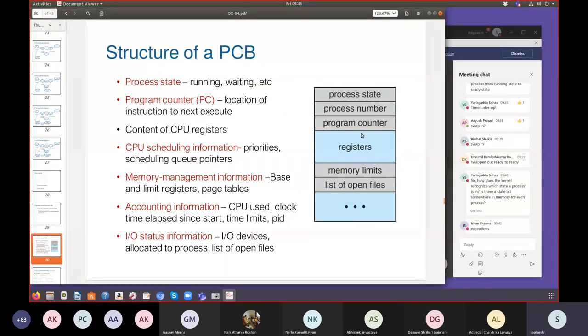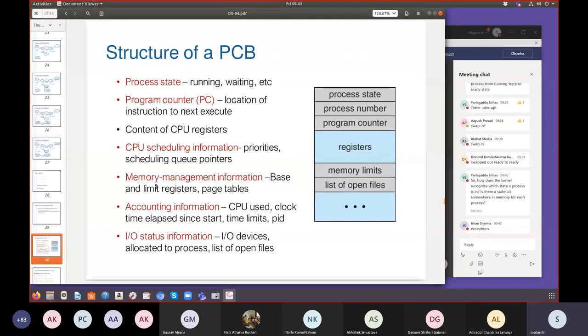Remember we discussed this, that the state of a process is indicated by the value of the CPU registers. So that has to be kept here. That is there in the PCB. The CPU scheduling information. So priorities, scheduling queue pointers, these things would become more clear as we go ahead. But all these things are used by the kernel for controlling different processes.